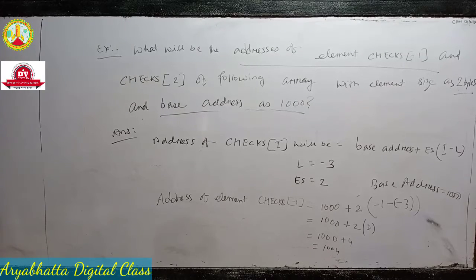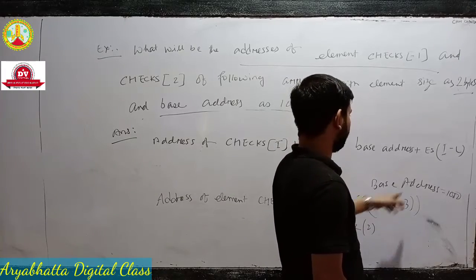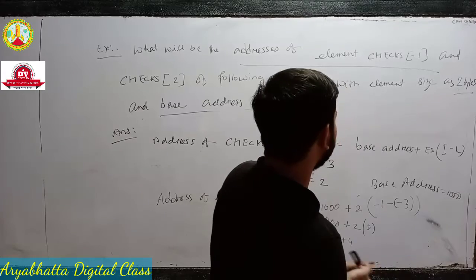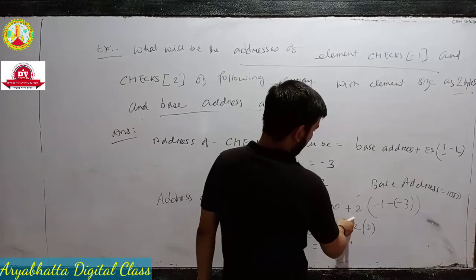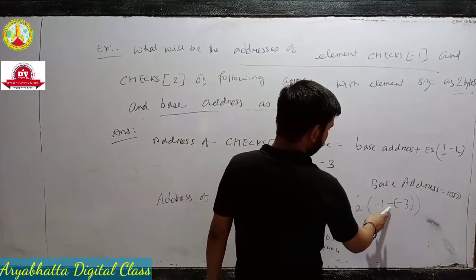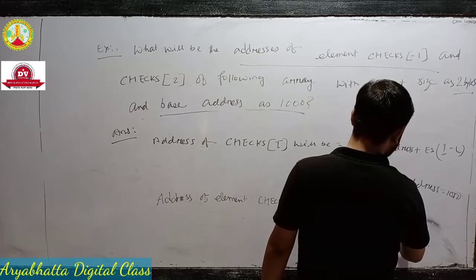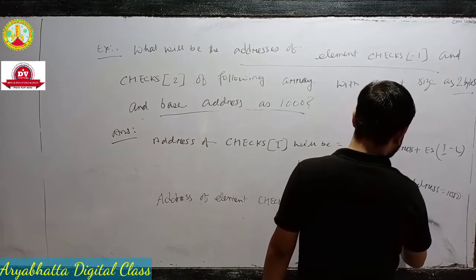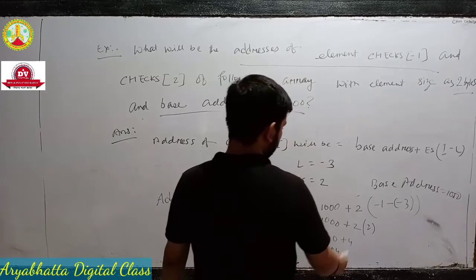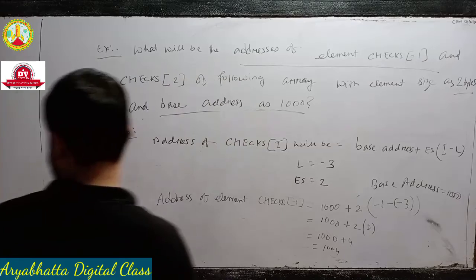Base address is given as 1000, size of the element is 2, subscript is -1, lower bound is -3. I minus L, -1 plus 3 means plus 2, 2 into 2 is 4, overall 1004.